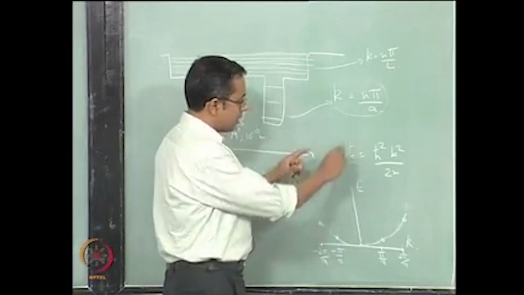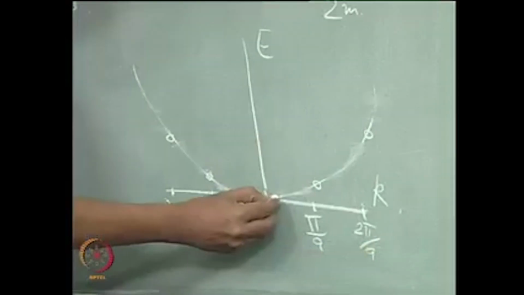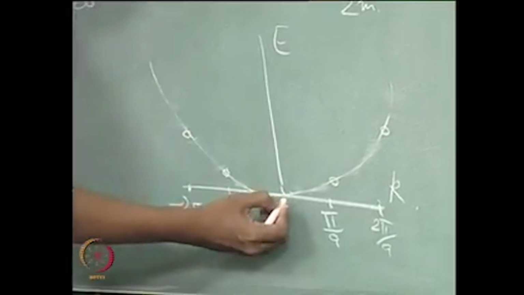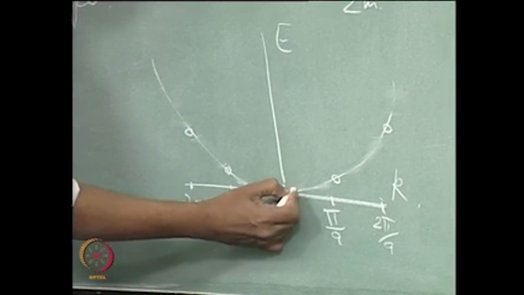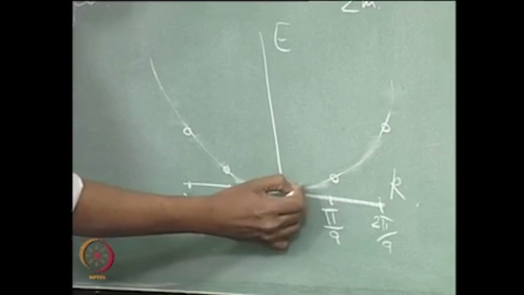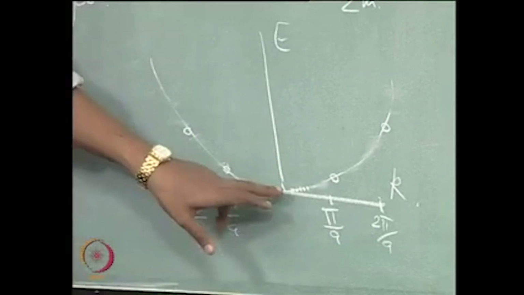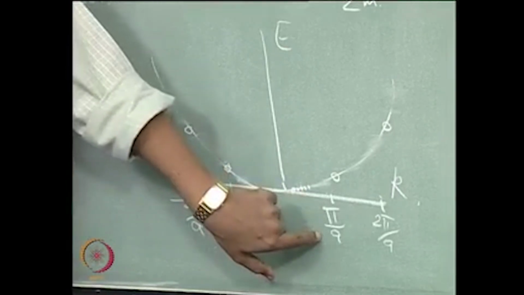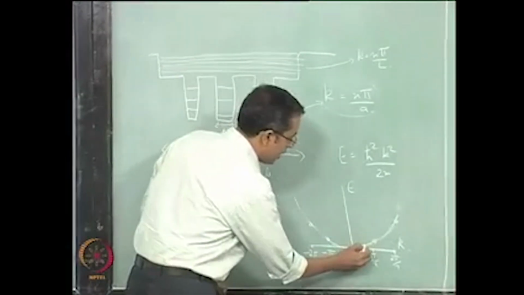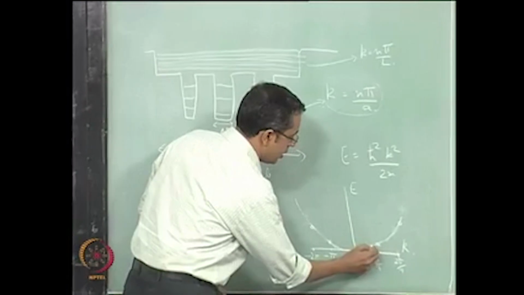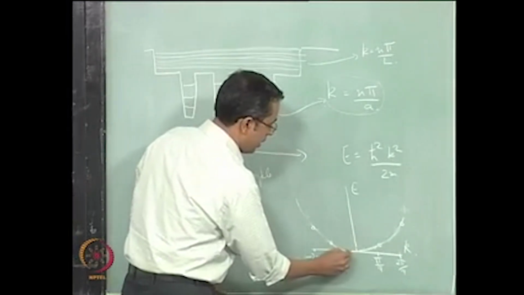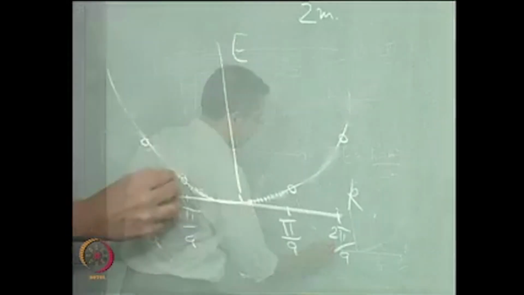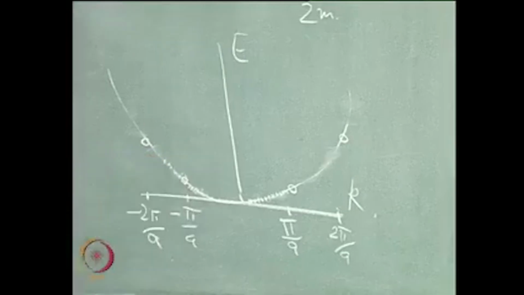The only difference is that since L is very large, those specific points are very close on this scale. pi by L is an extremely tiny number. So you will have several points of n pi by L permitted before you arrive at pi by a, if you draw it to this scale.